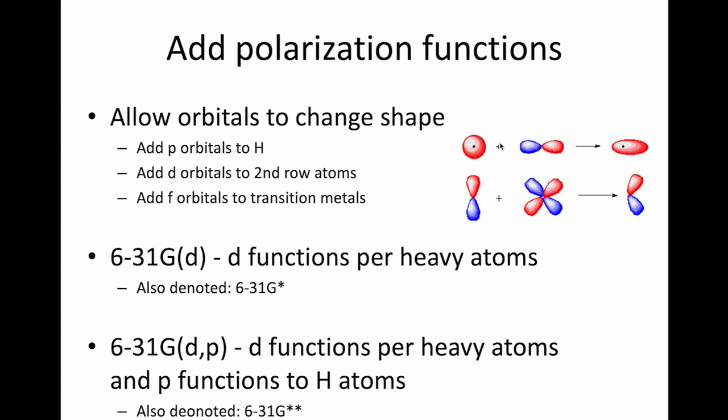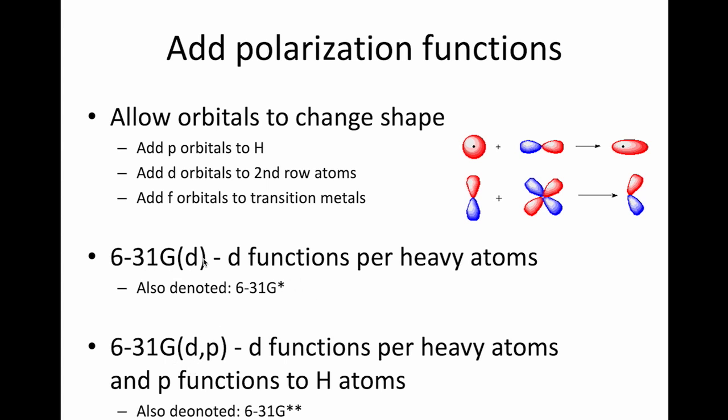So if an s orbital combines with a p orbital, that is represented by one star after G, and if we combine a second, that means double star or dp. One star means d, and if one more star is there, then it is p.